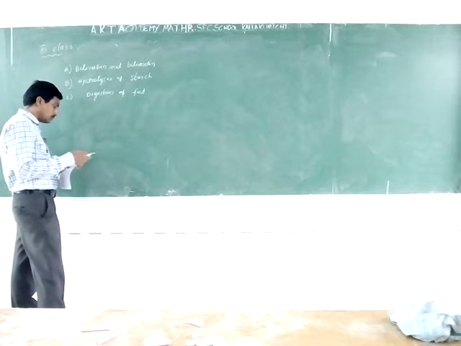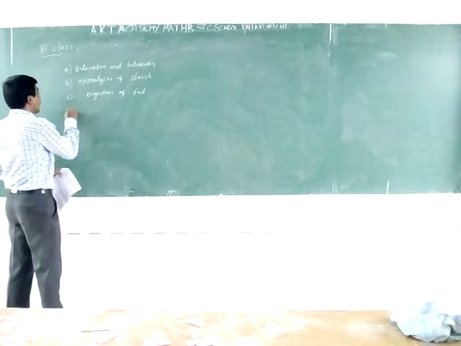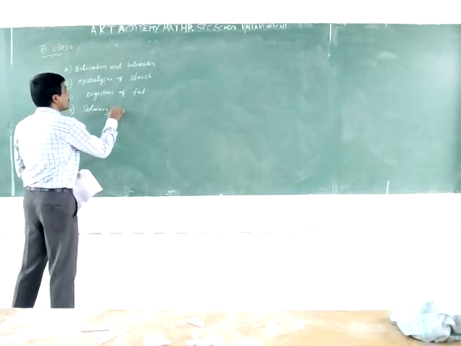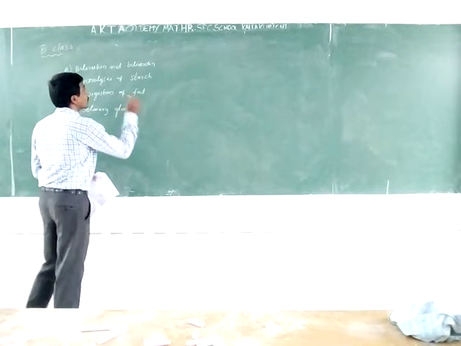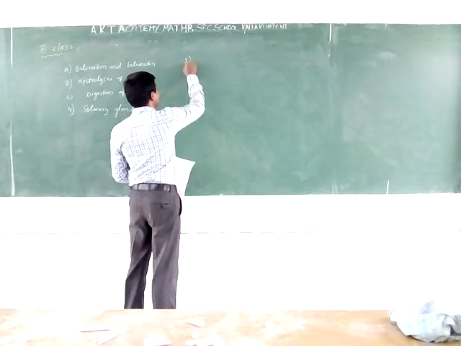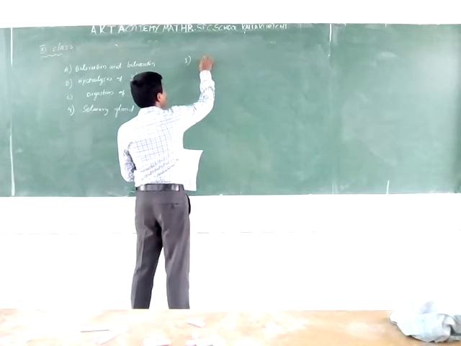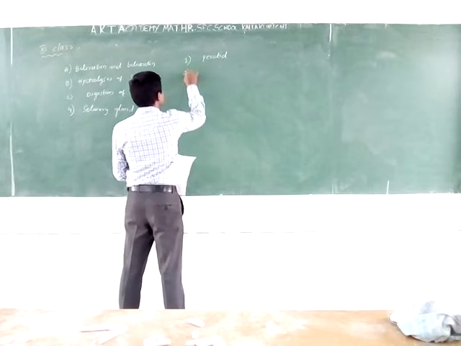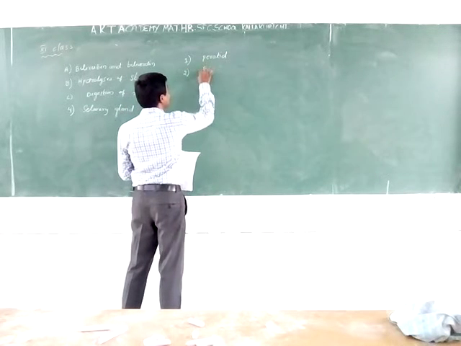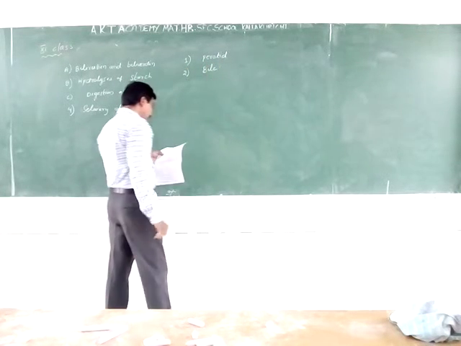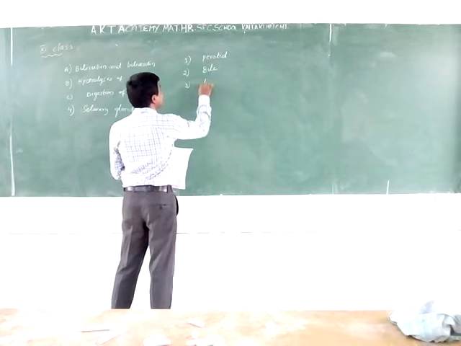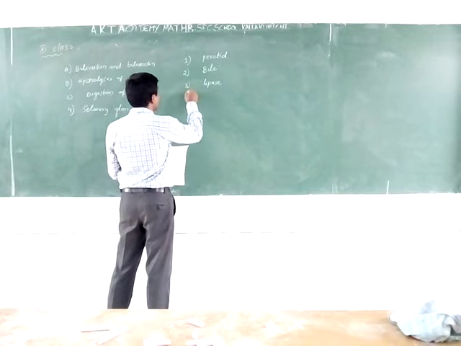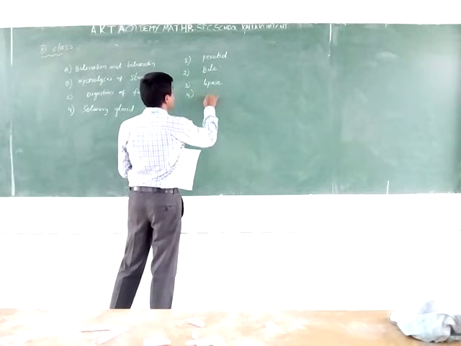D, salivary gland. The options are: first, parotid gland; second, bile; third, lipase; fourth, amylase.